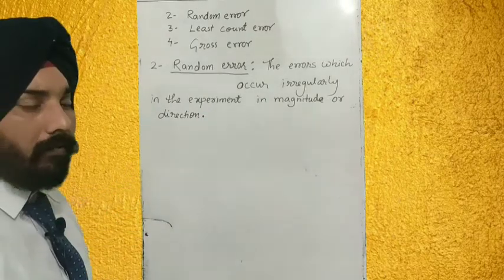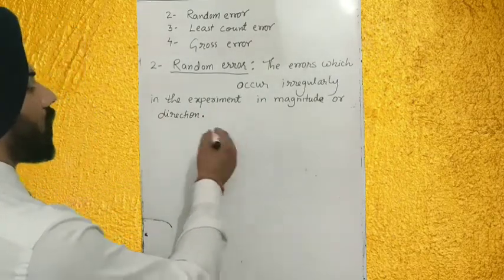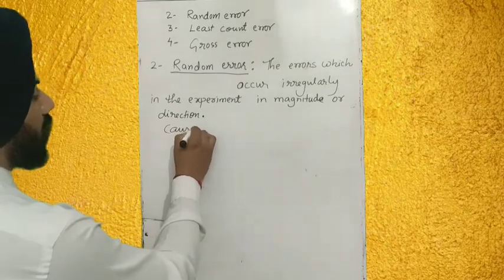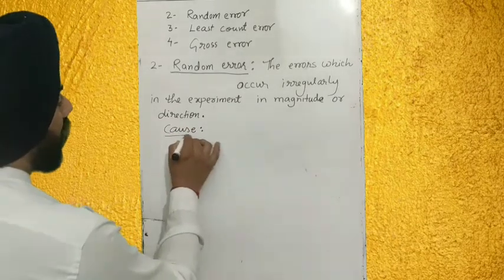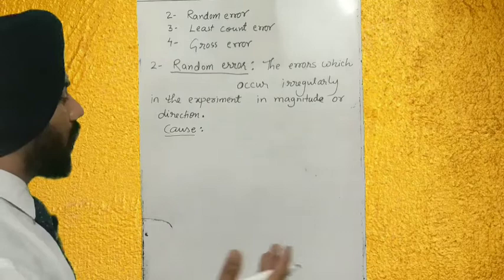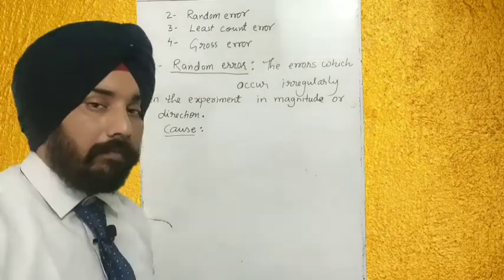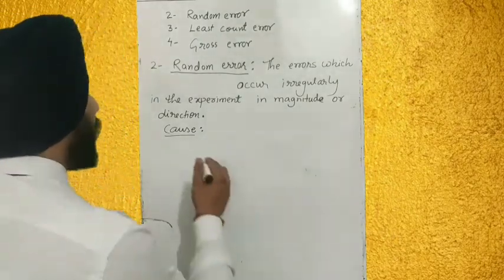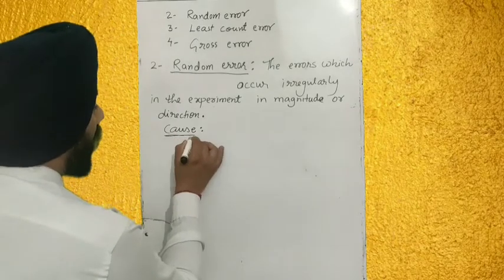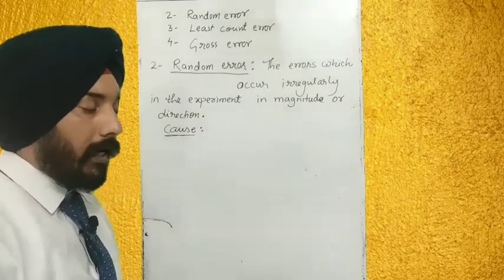After random errors, we must know the cause of random error. So here I am writing the cause. It is not the exact cause, but it can be; it's our prediction. What can be the reason for the random error?